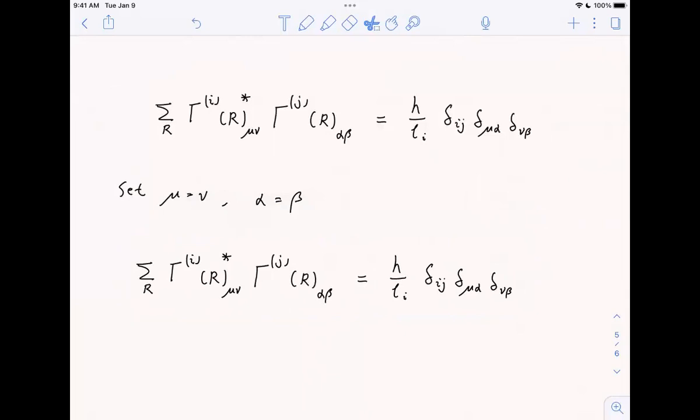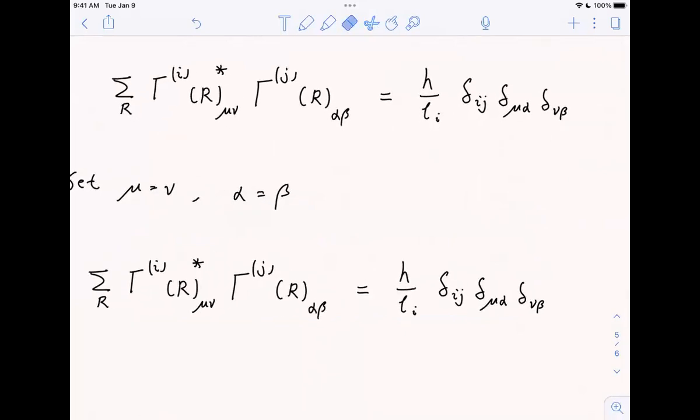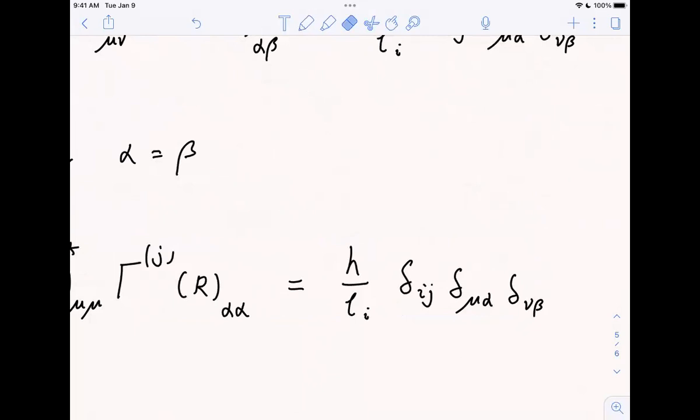After you set it, this will be mu-mu, and this will be alpha-alpha. Then this becomes mu-alpha, and these two are the same, so you only need one of them.